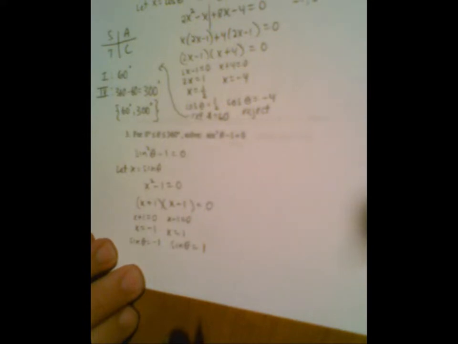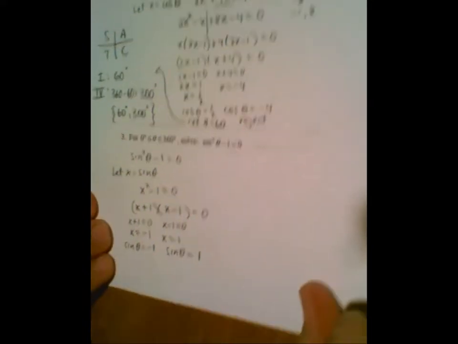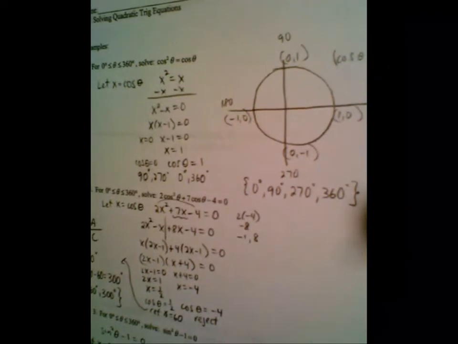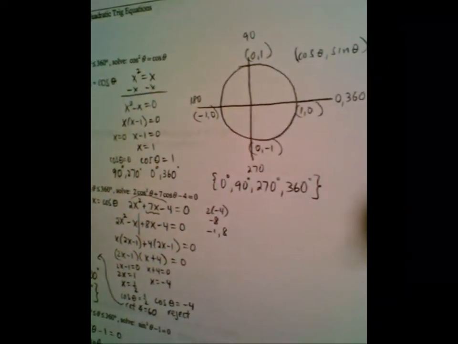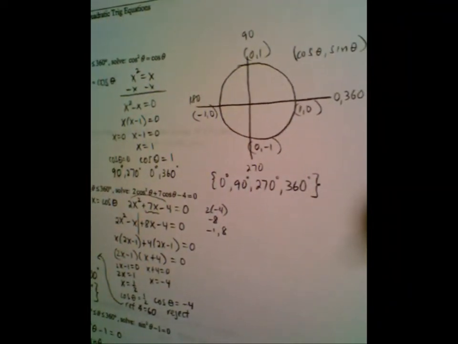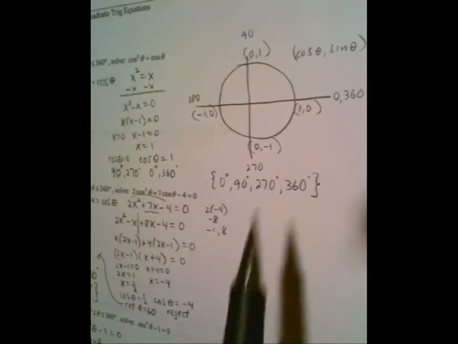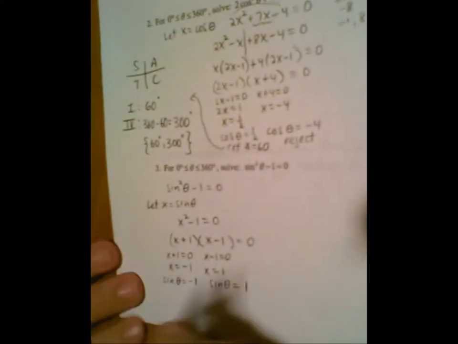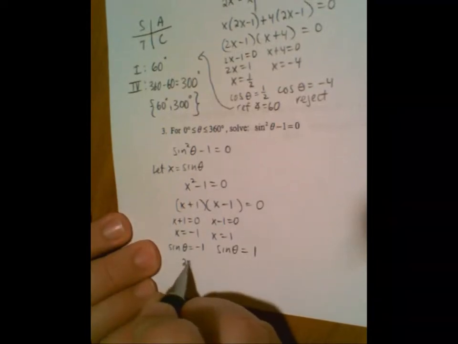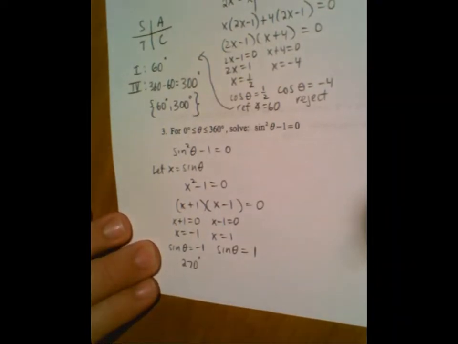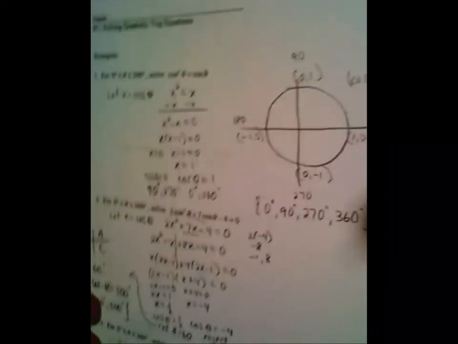Now, I don't have to draw it again because I have it right up here. We just drew it, and you would always have this reference. I don't need it twice on the same page. So where is sine of theta equal to negative 1? Sine's the one on the right, right? At 270 degrees, it's negative 1. So here is 270 degrees. And where is sine of theta equal to positive 1?